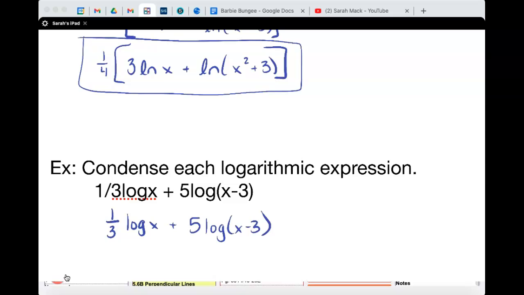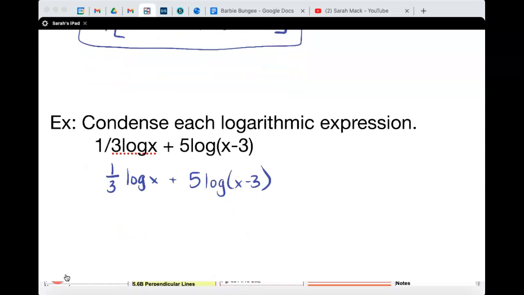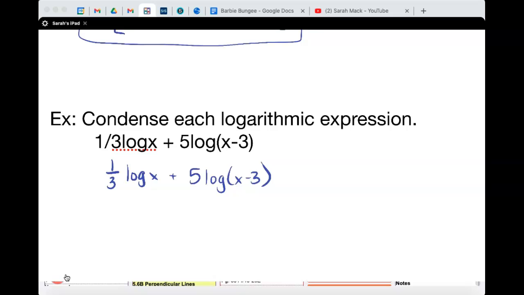So I guess if I was condensing, I would probably do the power property first. So like move all the exponents where we need to go. Yes, so it's x to the 1/3 power. Right. So 5 comes with the power to that binomial.